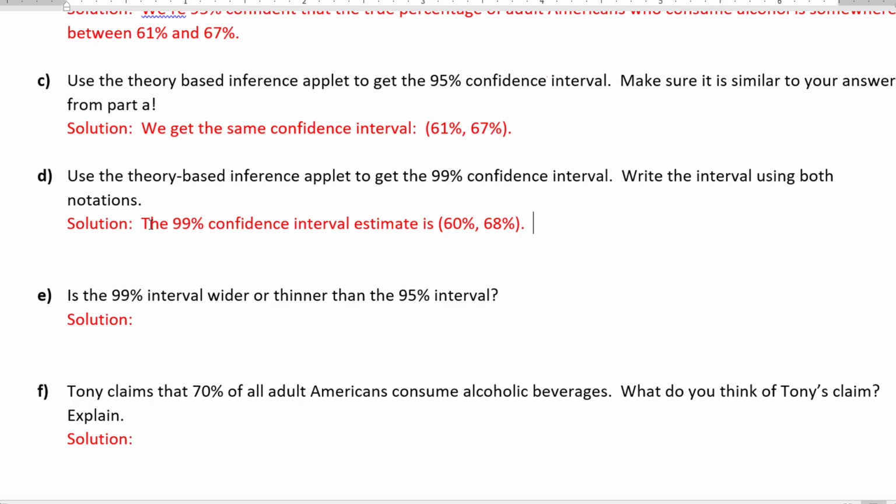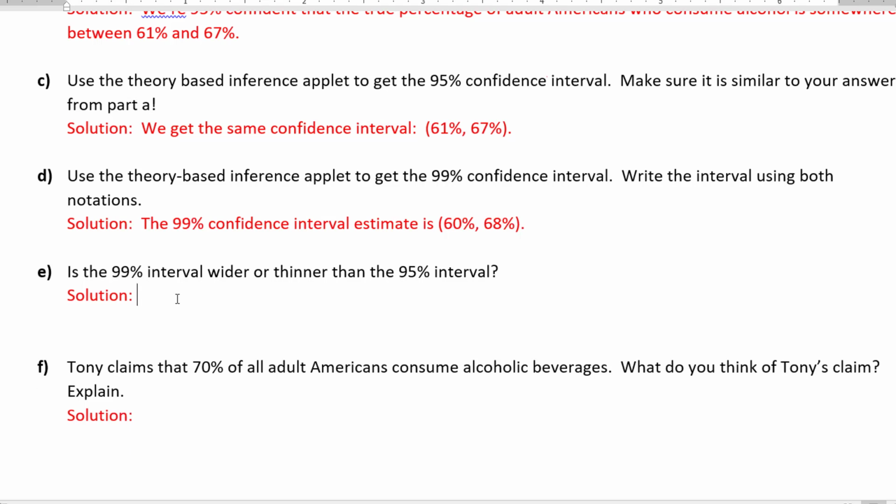For example, I'm only a teeny tiny bit confident that the percentage is between 70.1345% and 70.2196%. If I have a tiny interval, I'm not going to be very confident that I captured the true population parameter within it. Part E, is the 99% confidence interval wider or thinner? We just discussed that. The 99% interval is always going to be wider than the 95% interval, holding all other things constant.